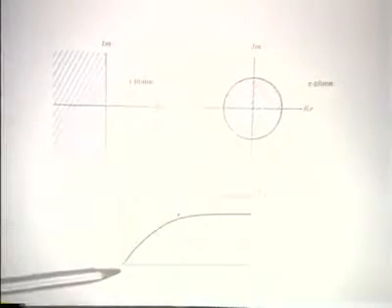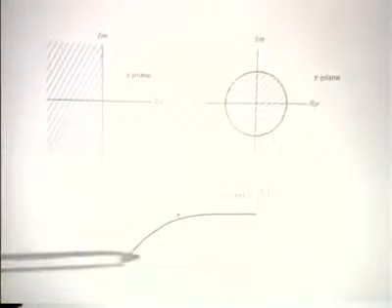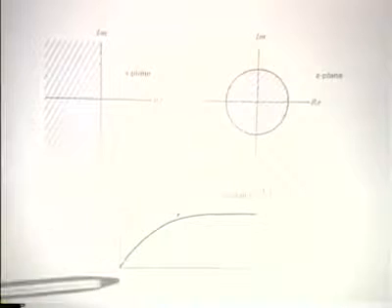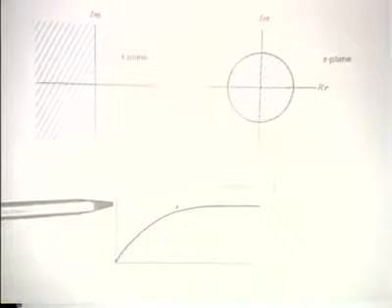Well, what all that says really is that that's why, in fact, we're able to take the entire omega axis and just map it into an interval of length pi.